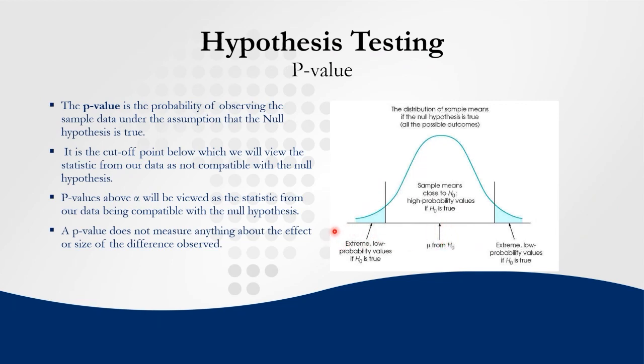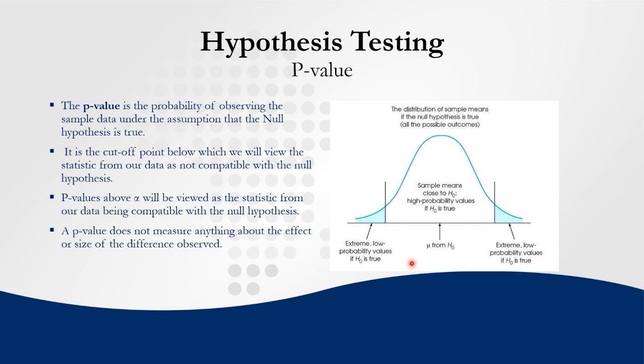Some will be extremely lower, and some will be extremely higher than 3.5. And then we have those who will be close to 3.5. If the mean is indeed 3.5, we'll find that we don't have a lot of values on the sides. We have a lot of values close to this hypothesized value.